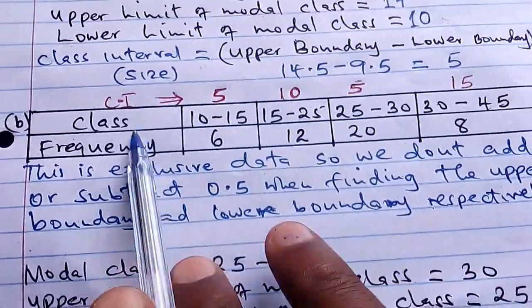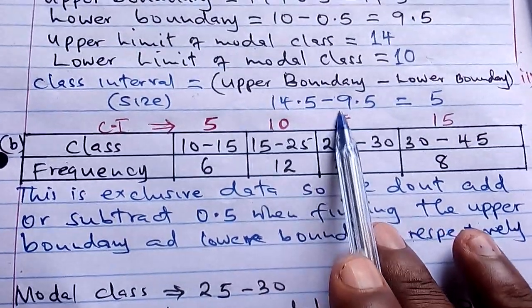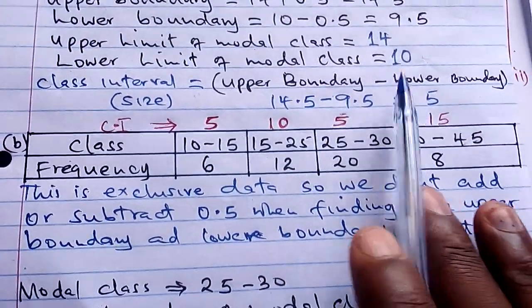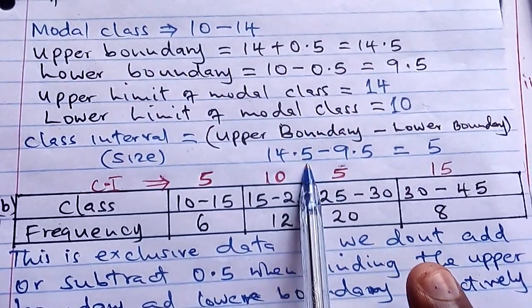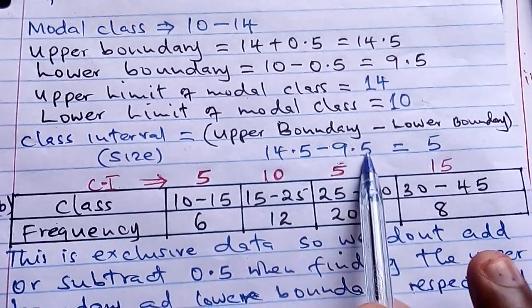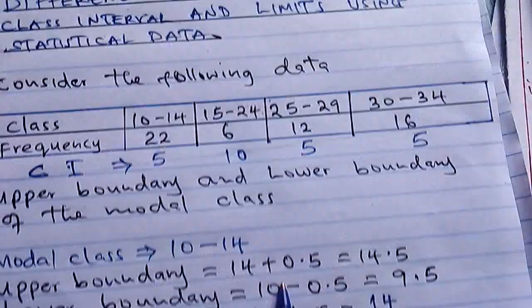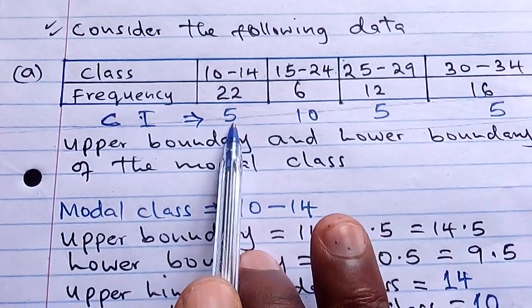Then the class interval. The class interval here is given by the upper boundary minus lower boundary. So the class interval for the modal class: upper boundary is 14.5, lower boundary is 9.5. The difference is giving you 5. So class interval here is 5.